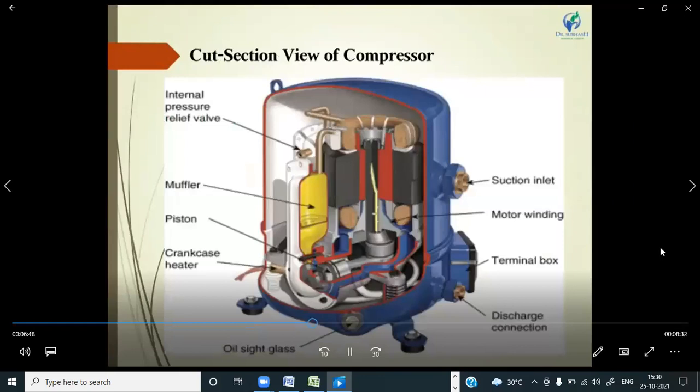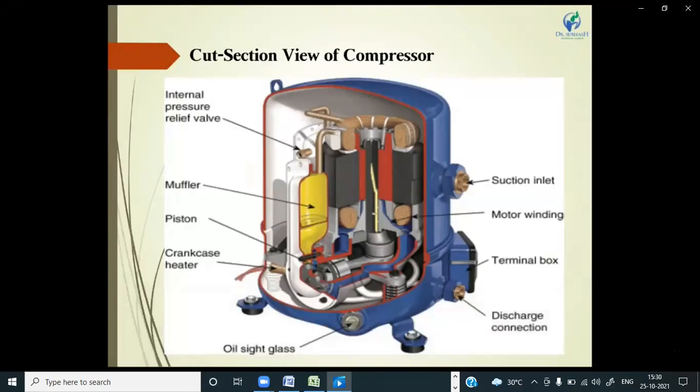This is the cut section view of the hermetically sealed compressor. First, we show the hermetically sealed compressor's outer steel casing. The blue portion is the hermetically sealed compressor casing, which is made from steel.